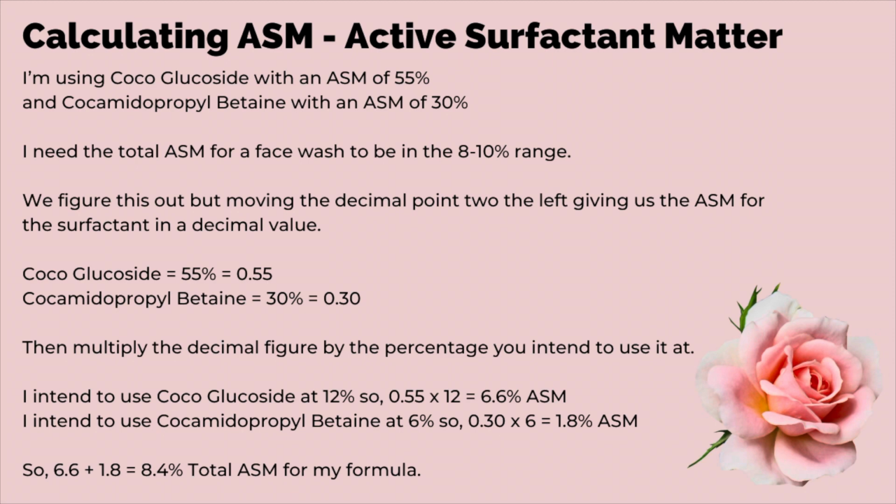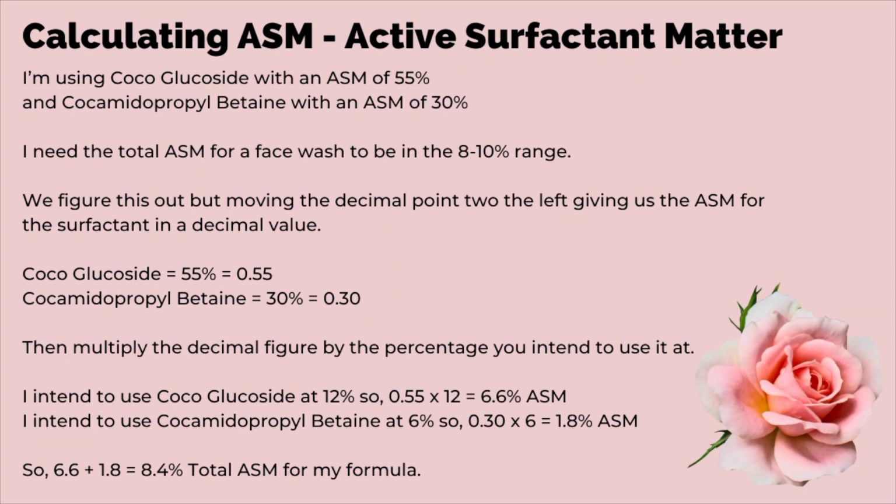So coco glucoside is 55%. If you move the decimal point 2 to the left, that's 0.55. Cocamidopropyl betaine, 30% equals 0.30. Then you need to multiply the decimal figure by the percentage that you intend to use it at.